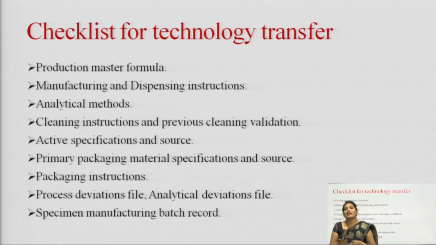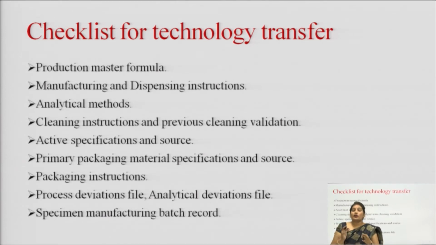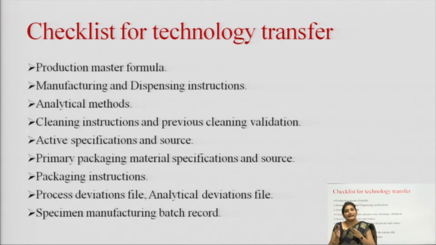Packaging instruction: during the packaging operation, what instructions we have to follow, what things we have to keep in mind. Process deviation files or analytical deviations file. Suppose in any case our product is not within the specified limit, does not comply with the specification that we have described, and it deviates from the quality, or we are getting inadequate quality of product, then what do we have to do?